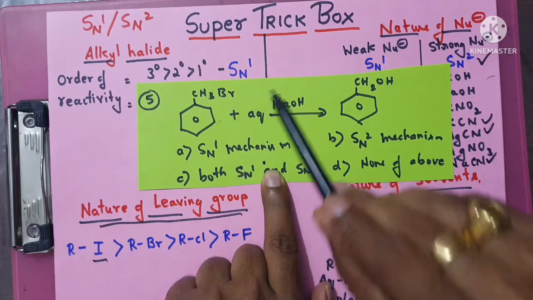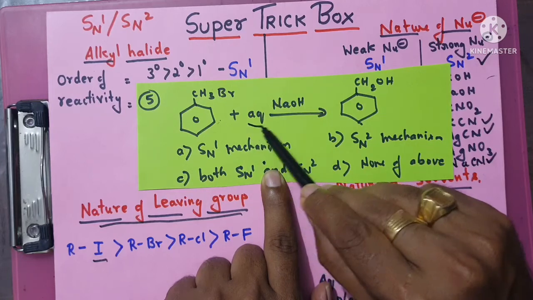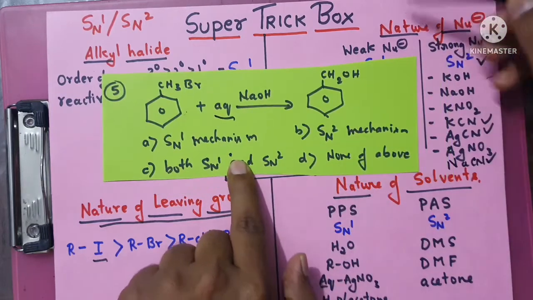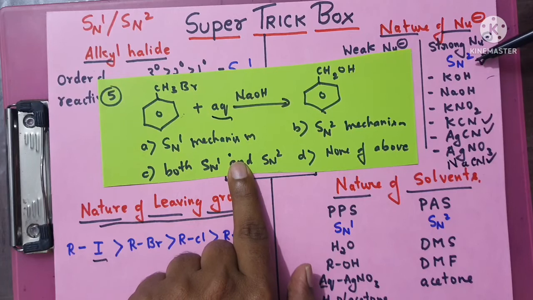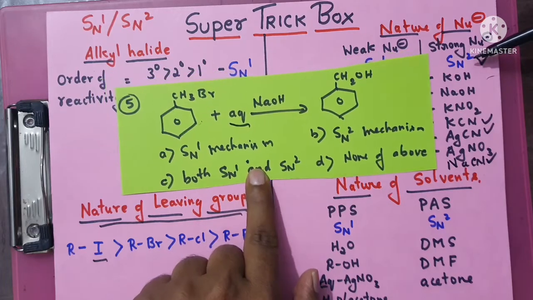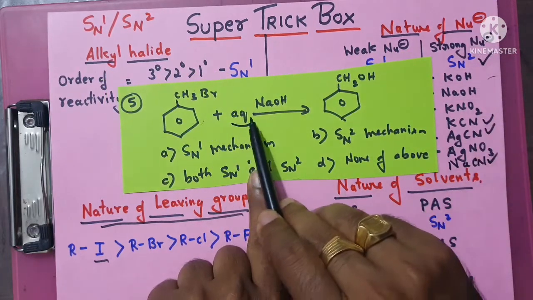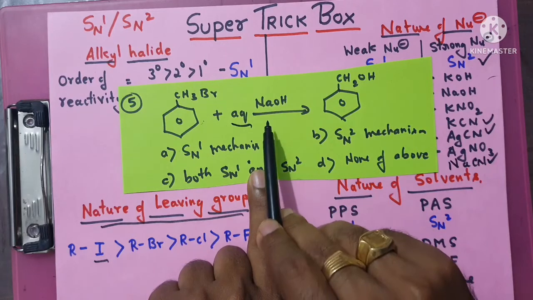Yes, it is a benzylic halide, in the presence of aqueous NaOH, children. If it is only NaOH, it used to be SN2 mechanism. Whereas in this question, if you observe, they have given aqueous diluted NaOH.